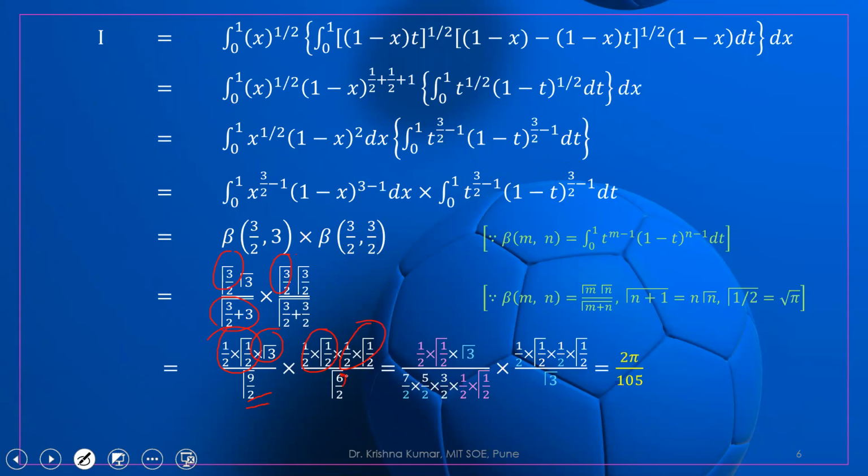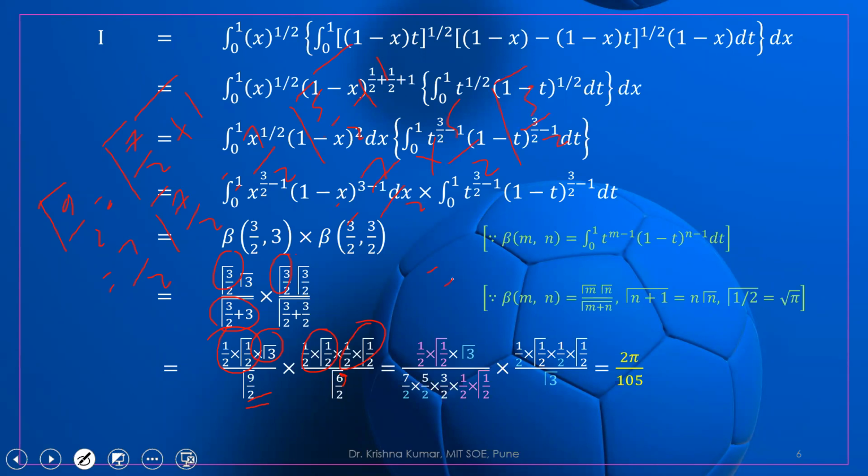Okay, so how to write 9 by 2? Gamma 9 by 2 is equal to gamma of 7 by 2 plus 1. So it can be written as 7 by 2, gamma 7 by 2. Again, gamma 7 by 2 can be written as gamma of 5 by 2 plus 1. So it can be written as 7 by 2 into 5 by 2, gamma 5 by 2.